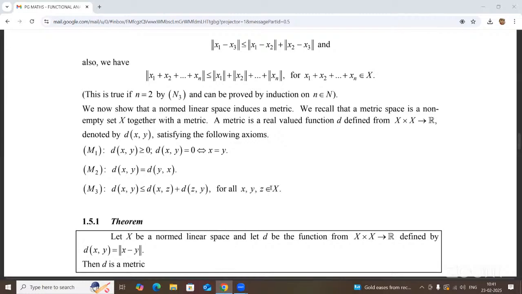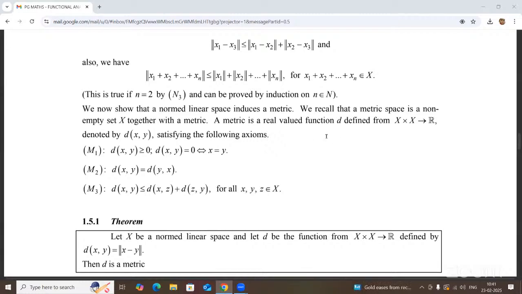Now, repeated many times from the beginning part of linear space, we are introducing the definition of a metric space in real analysis. A metric is a real valued function. Students, listen carefully. Here the composition is d.